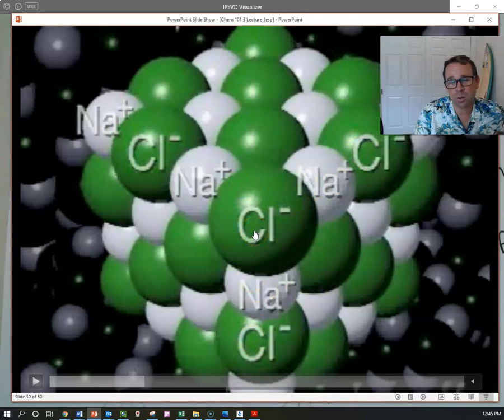Not like molecules. Molecules are individual packets that are separate from each other. But ionic compounds come together in these three-dimensional lattices.